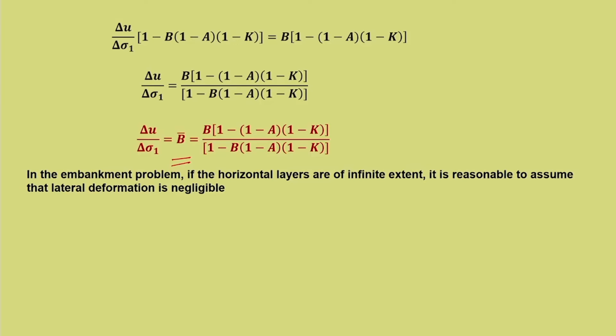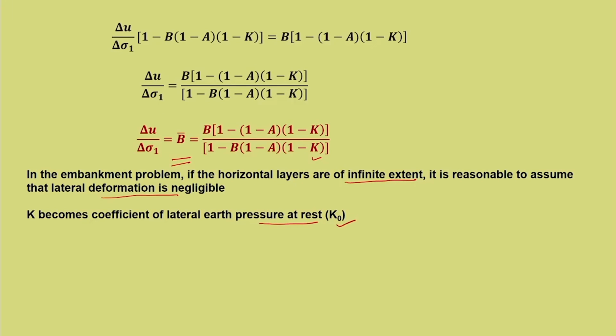So again it is the same overall pore pressure parameter, but in a different form, in terms of the coefficient of lateral earth pressure. In the embankment problem, if the horizontal layers are of infinite extent, it is reasonable to assume that the lateral deformation is negligible. If the lateral deformation is negligible, then we can say the coefficient of earth pressure K is equal to the coefficient of lateral earth pressure at rest, which is K naught.